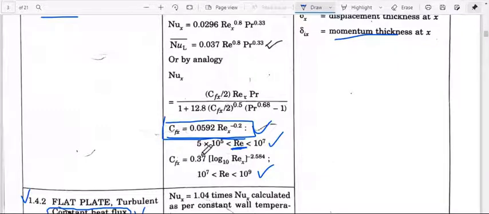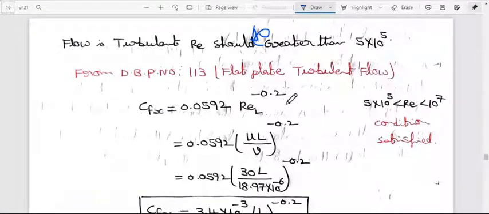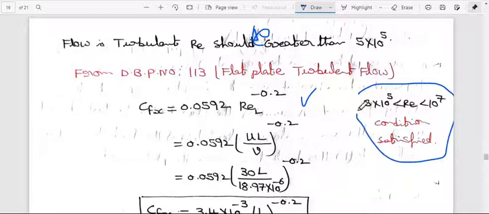Here the condition is 5 into 10 power 5 less than Re less than 10 power 7. Now we need to consider this formula: CFX is equal to 0.0592 REx power minus 0.2. So the condition is also satisfied.